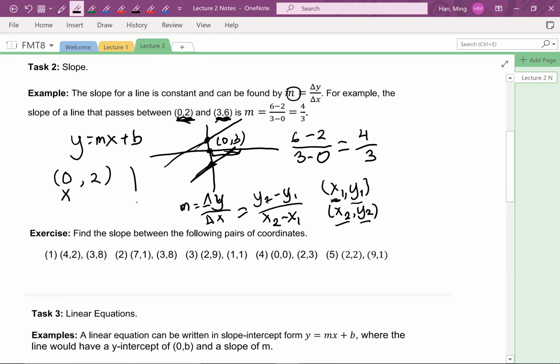Here, I'll draw it over here so it's clearer. So the x value is how far you go along the x-axis, either to the left or the right, depending on whether that value is positive or negative. And 2 is how far you go along the y-axis, whether it's positive or negative.